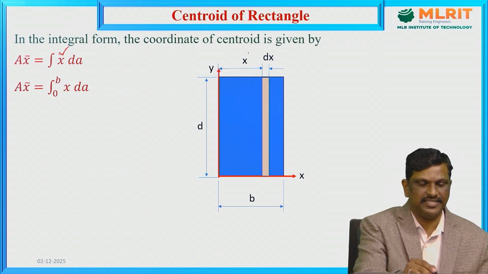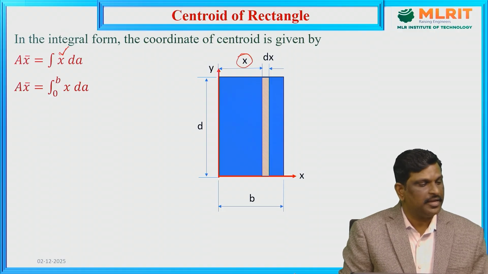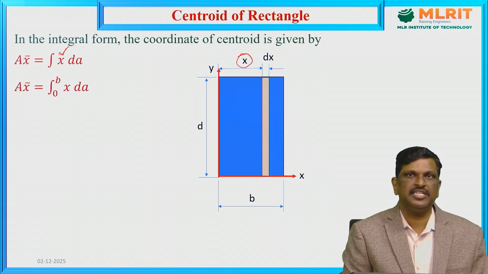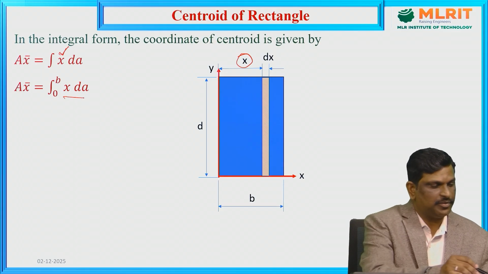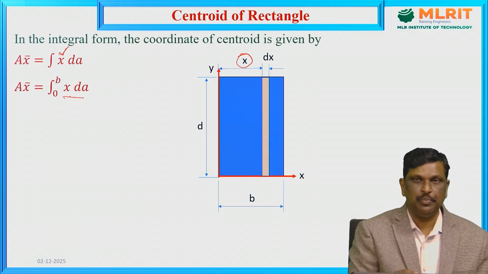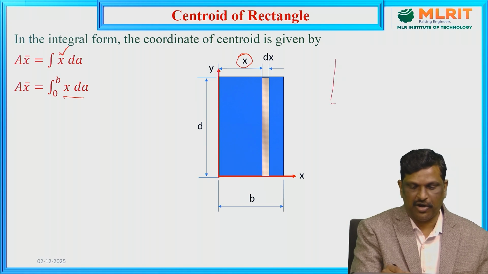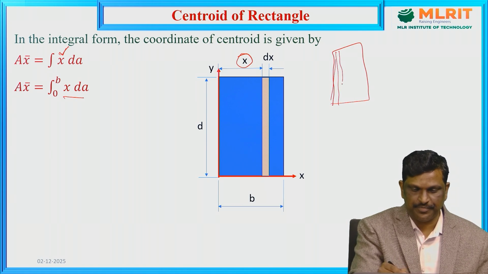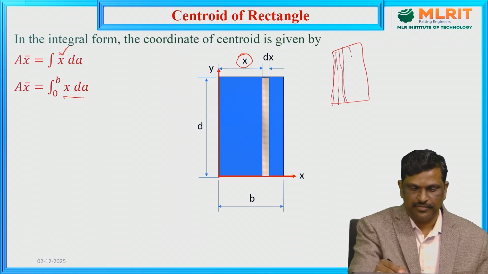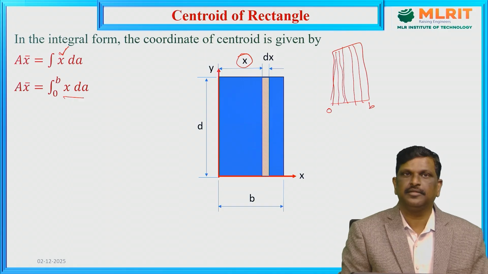Now, A x bar is equal to integral 0 to b of x into dA. Here I am substituting the limits 0 to b, because the rectangle area is formed by placing so many vertical strips of width dx side by side from 0 to b. That's why the integration limits are 0 to b.